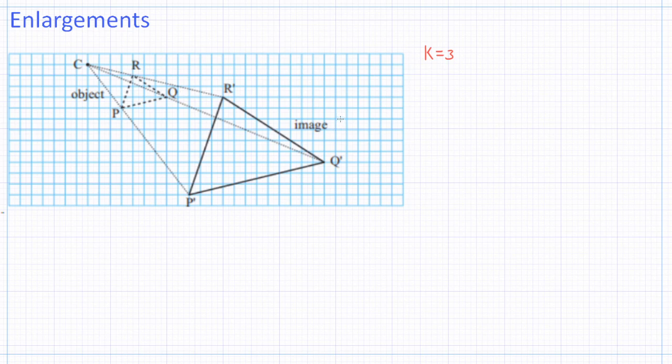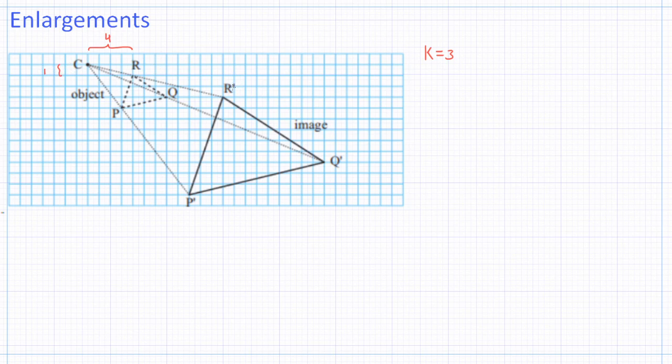If it's going 4 to the right and 1 down, my new point, which would be 3 times that, is going to go 4 times 3 to the right and 1 times 3 down. So what I mean is, this length was 4, and this height was 1.